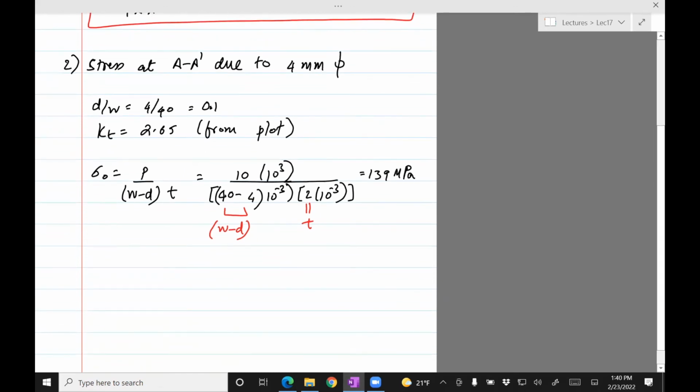And so let's compute the stress now. Sigma max at A prime is KT times sigma 0, which is 2.65 times 139, which is 368.35 MPa.